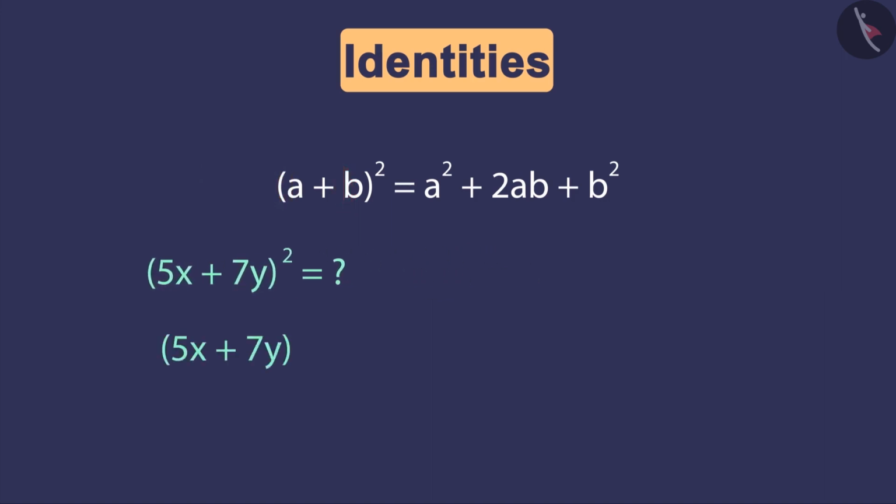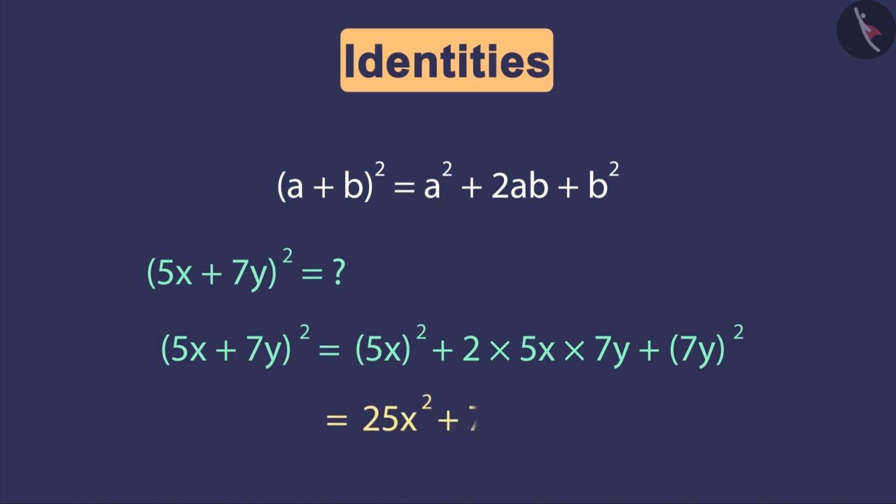Therefore, the value of 5x plus 7y square will be equal to this. After simplification, we will get this as our final answer. This cannot be simplified further because there are no similar terms. So we have seen that we can also use this identity to find the square of an expression.